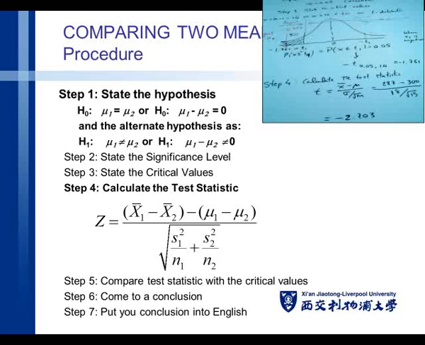That is the only difference. Which is just one more formula. And then you compare the test statistic to the critical values, you come to a conclusion, and you put it into English. Okay? And to practice this, you have some questions in the tutorial that require you to use this formula. Okay? Questions about this?